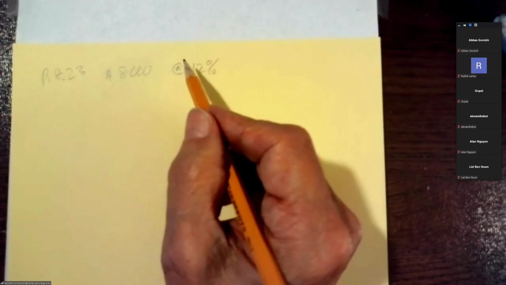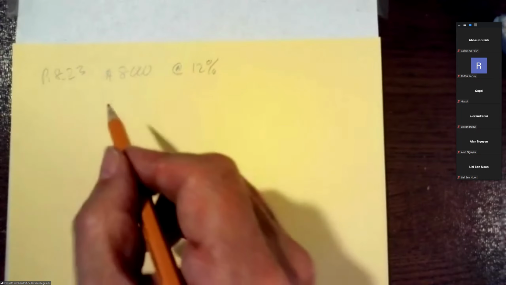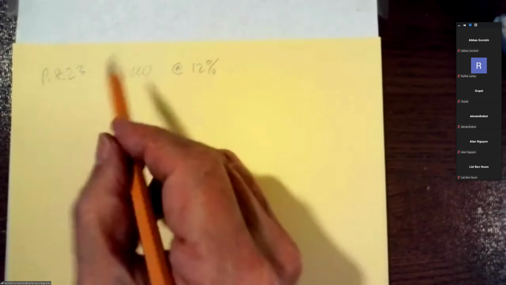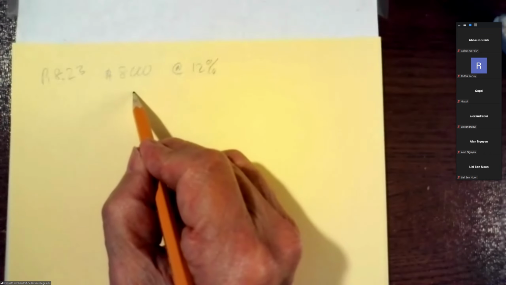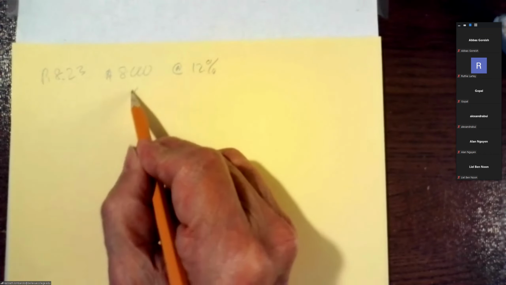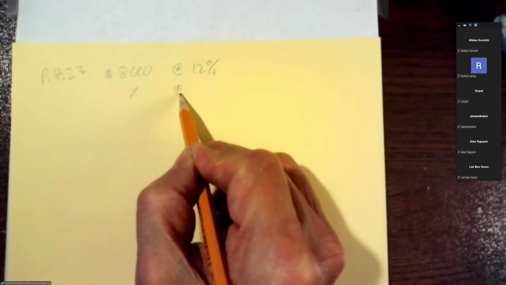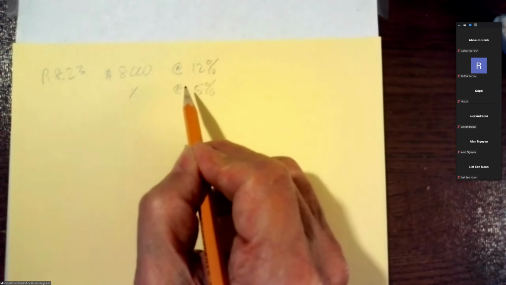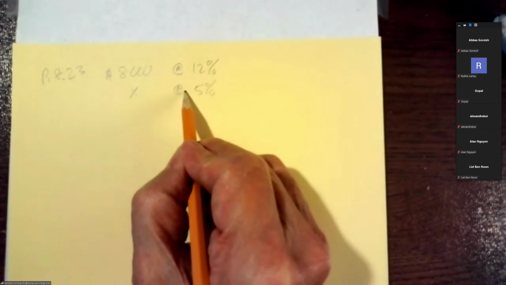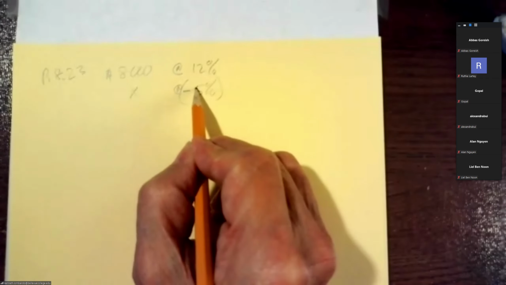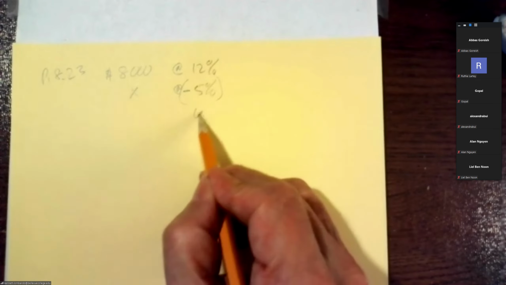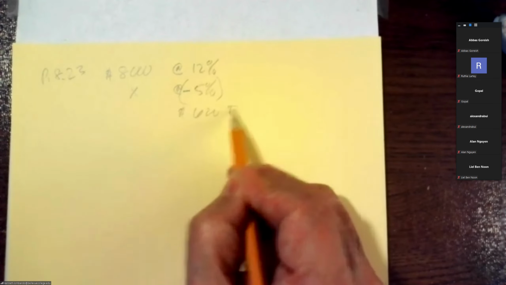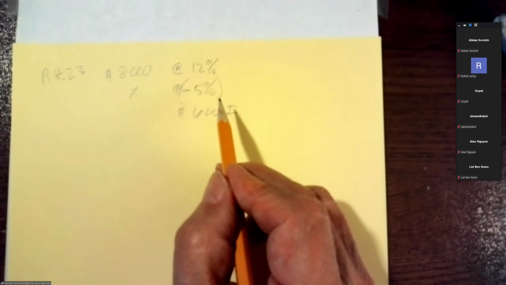The rest of the money suffered a loss, at 5% loss, so that was a negative 5%. If the total annual income from both was 620, that's the interest, isn't it? How much was invested at each rate?